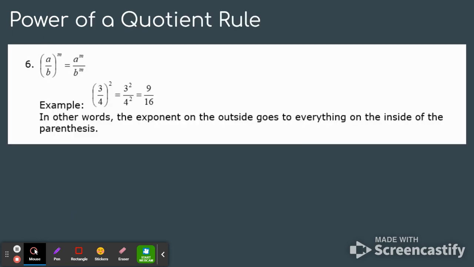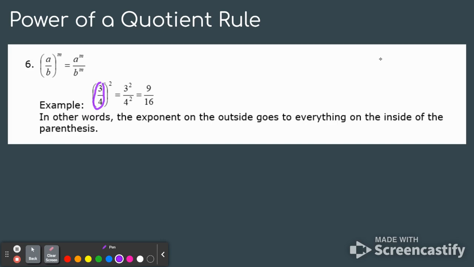Here's our quotient rule. So by definition, power of a quotient rule. So by definition, basically everything inside the parentheses is going to get the exponent from the outside. So here I see I have 3 to the 4th inside. Right now, those are technically raised to the 1 power.